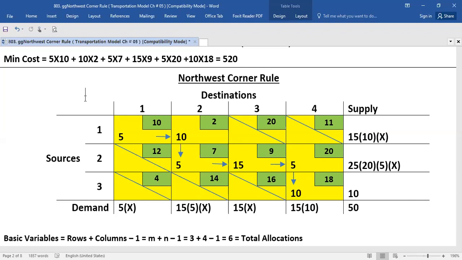I will explain in 2 examples when supply is less than demand or when demand is less than supply. These 2 are separate examples. In my next 2 lectures I will explain how to calculate when the model is not balanced.